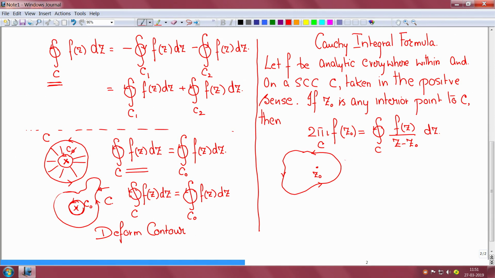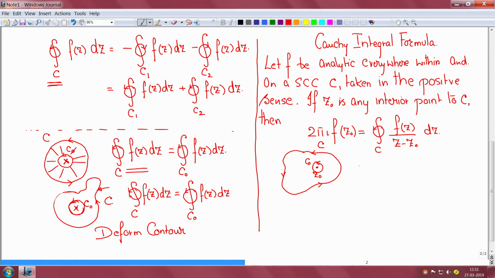As I said, I will do a not so rigorous sketchy proof. The epsilon delta type proof is there in Churchill. So, I would recommend that students look at it. So, now let me enclose this point z0 by a small circular contour and call it C0, okay, taken in the counterclockwise sense.